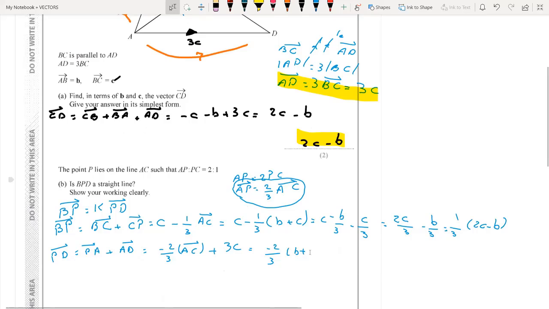We have here minus 2/3 of B plus C, plus 3C. We simplify, we have minus 2B over 3 minus 2C over 3 plus 3C, which gives me minus 2B over 3 plus 7C over 3. We factorize, we take a common factor 1 over 3, and then we have 7C minus 2B.